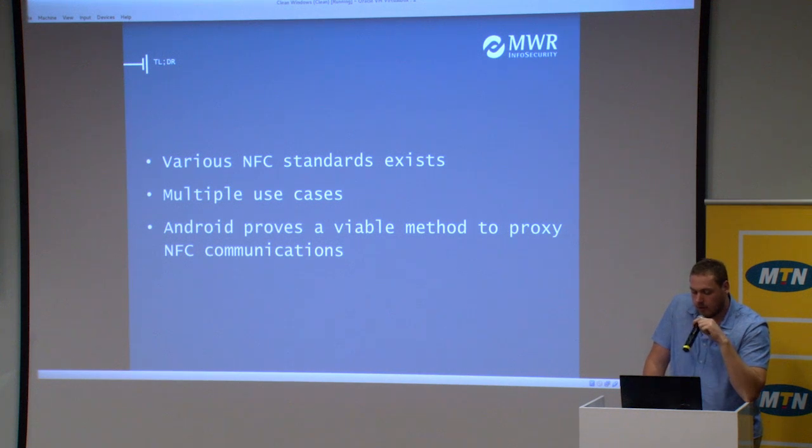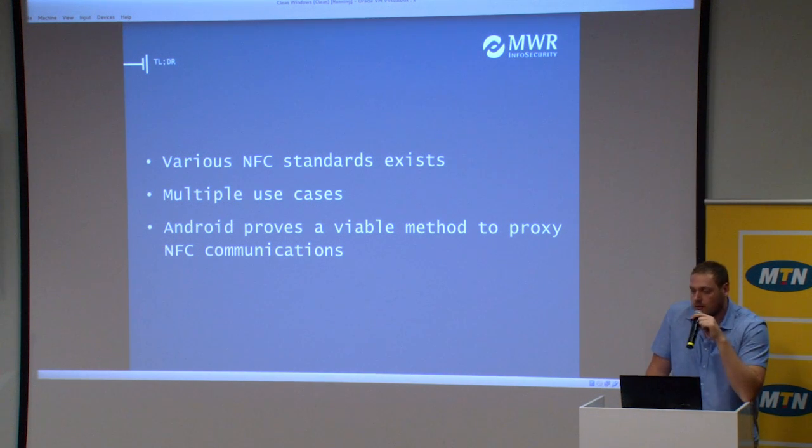So in summary, we can see that there are various NFC standards that exist. We can see that there are various implementations of EMV and NFC, and various places where this can actually be used.